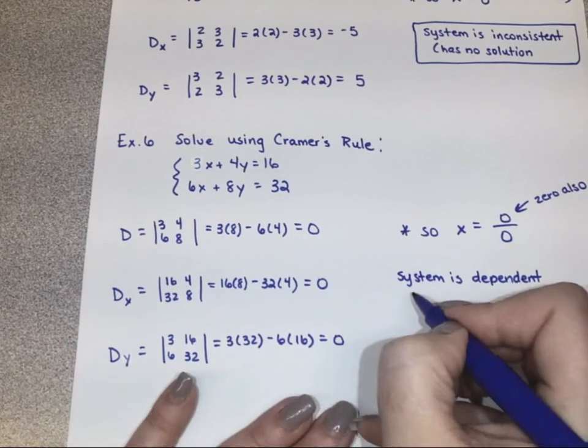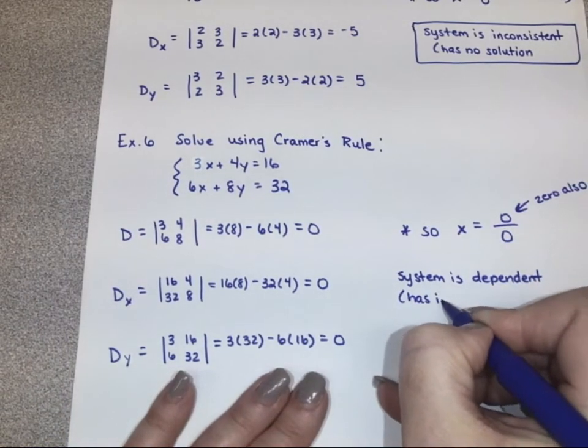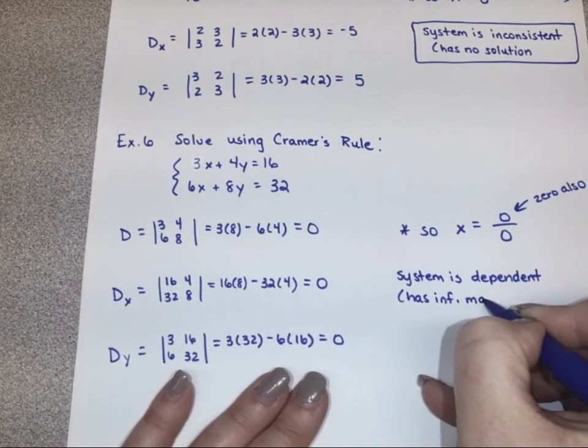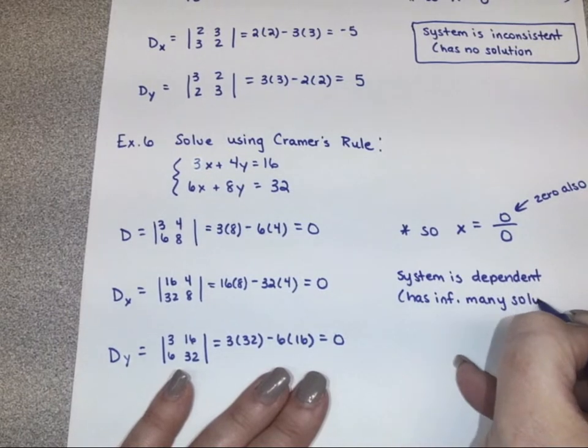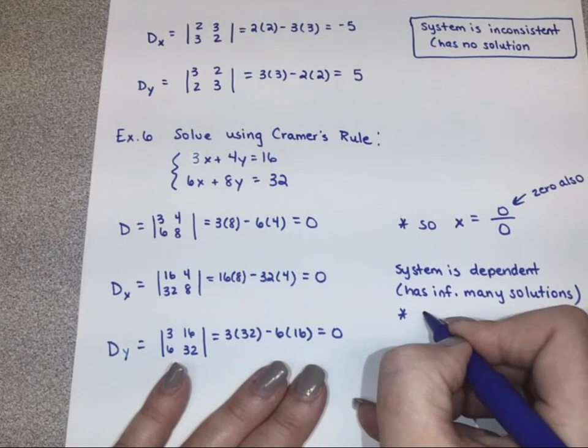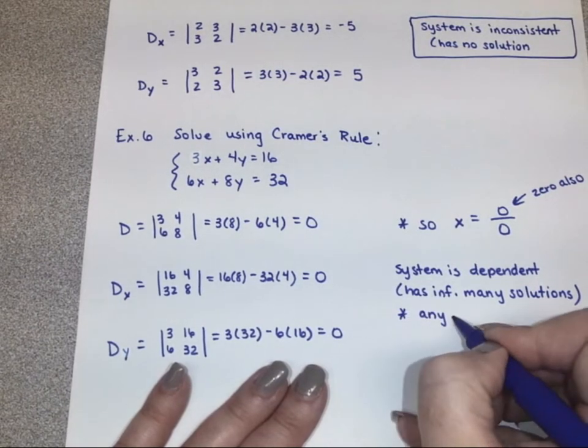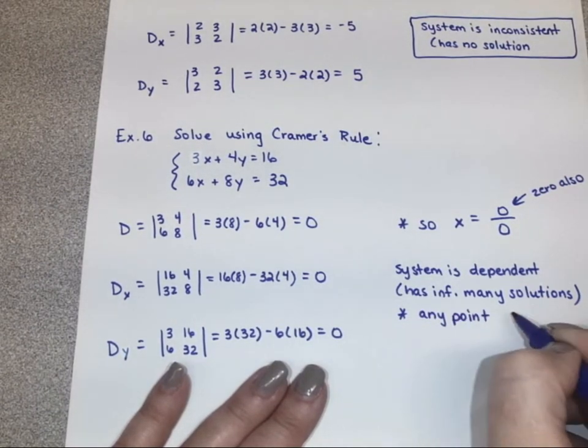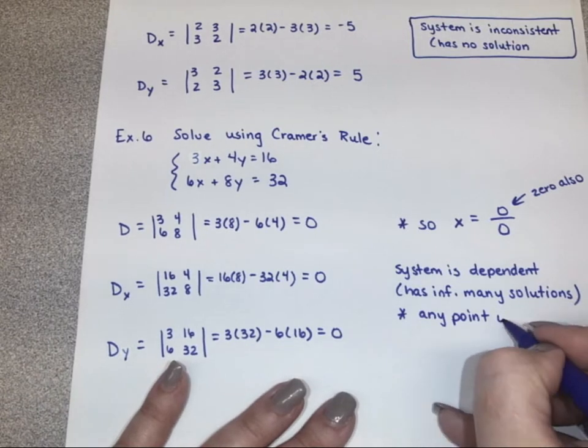Okay. In other words, it has infinitely many solutions. But we're going to say more than that. It's actually any point on the original equation, and you can pick really either one.